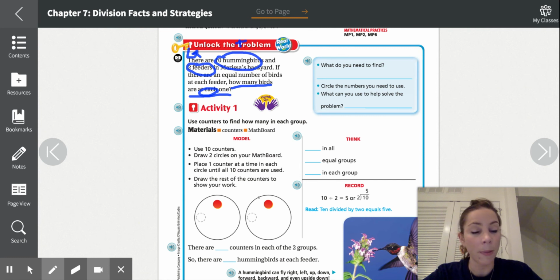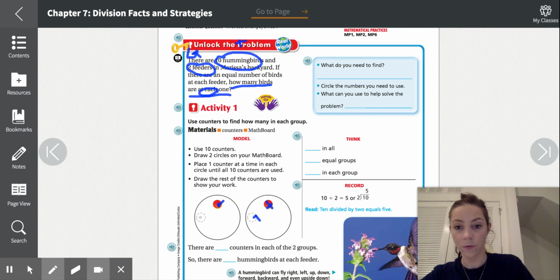Okay, then they're going to pass out the 10 hummingbirds one at a time, just like you guys have gotten really good at. So 1 for you, 1 for you, 1 for you, 1 for you.